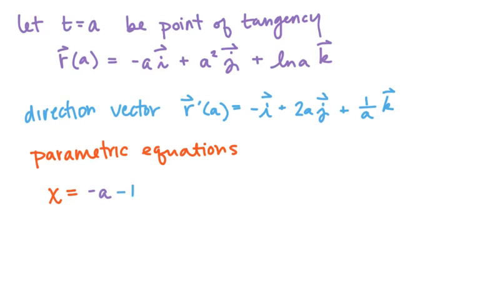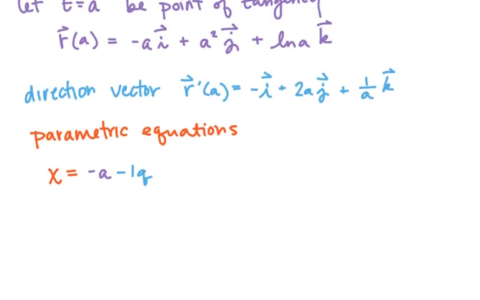We would normally say t, but we already have a t in this problem, so I'm going to use another variable, q. We'll have that y equals a squared plus 2a q, and then z equals the natural log of a plus 1/a q.